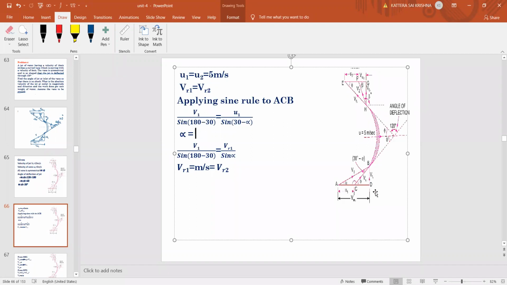Alpha equals, yes, how much time do you need for calculating this alpha value, please?